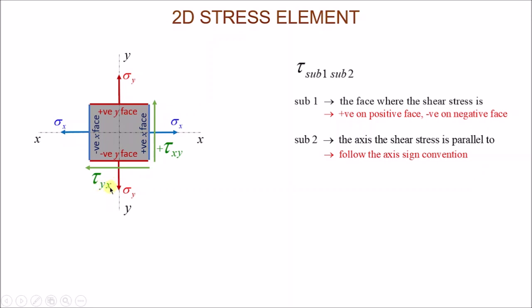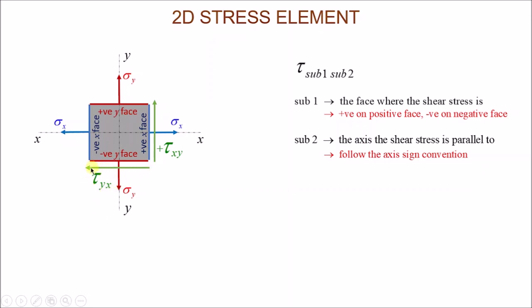Okay, now subscript X, its sign will depend on the sign of the x-axis. Because the shear stress is pointing in the negative x direction, okay, so subscript X is also negative. And so subscript Y is negative, X is negative, negative, negative, that gives you a positive.